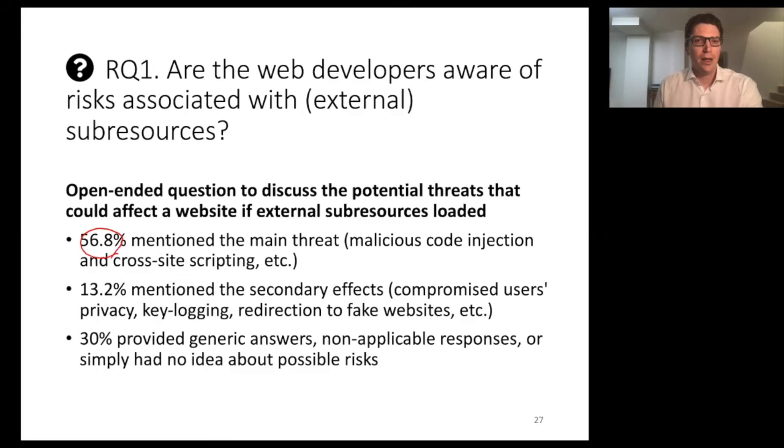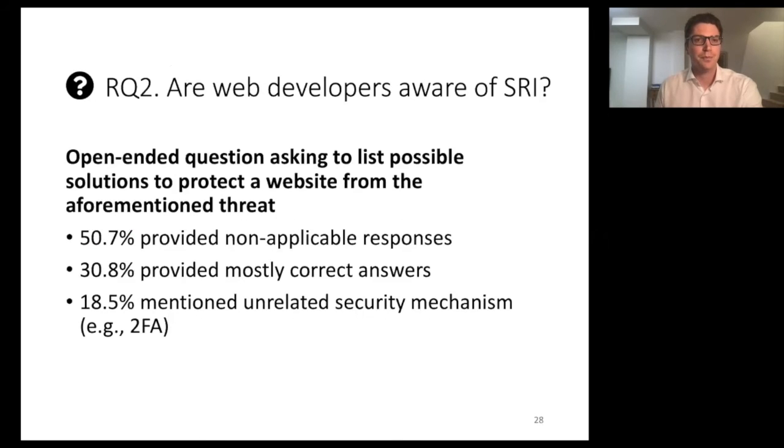They really identified that the attacker was the one on the third-party server. 13% mentioned the secondary effects, which is also encouraging: keylogging, compromised user privacy, and so on. And about 30% provided generic answers, non-applicable responses, or had no idea about the possible risks. So 1/3 did not understand the issue.